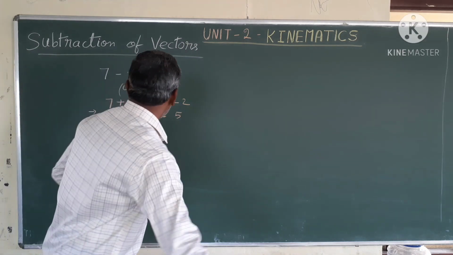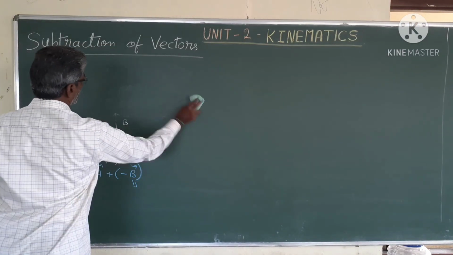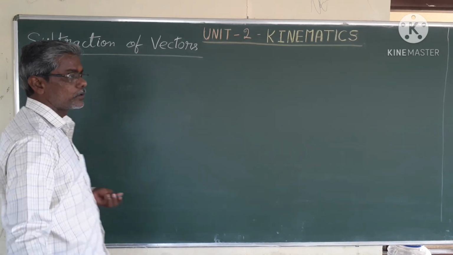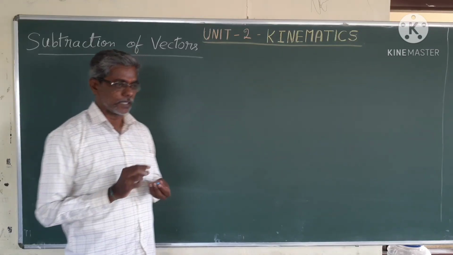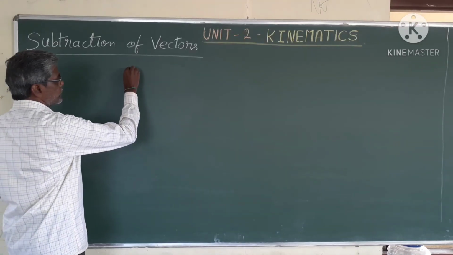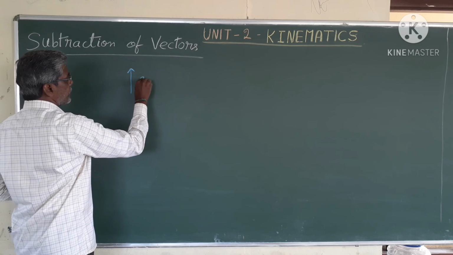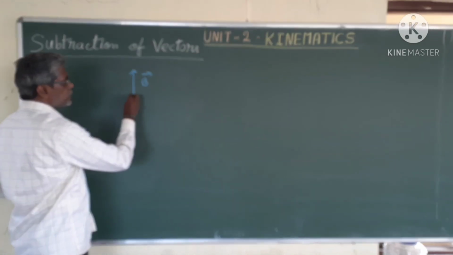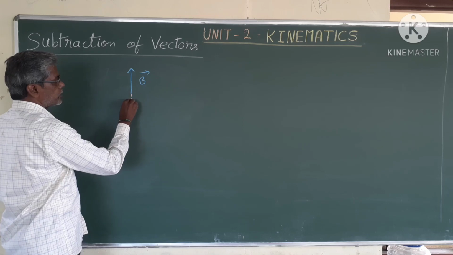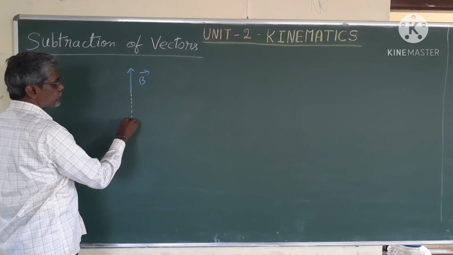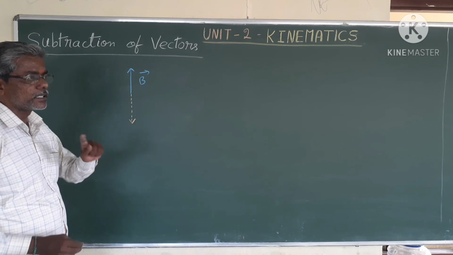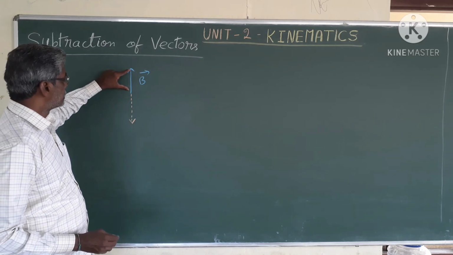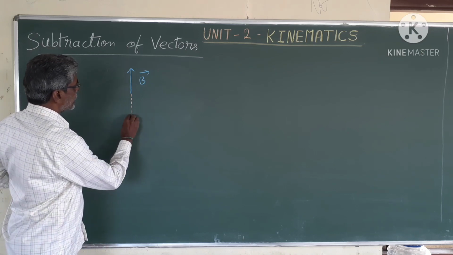Clear? Now how to represent that minus b vector? If this one is b vector, the minus b vector will be opposite to b vector. Only the direction changes, but the magnitude will remain the same.